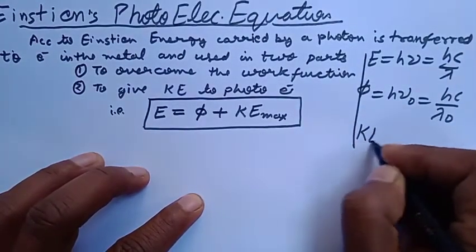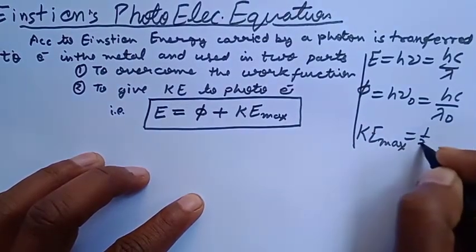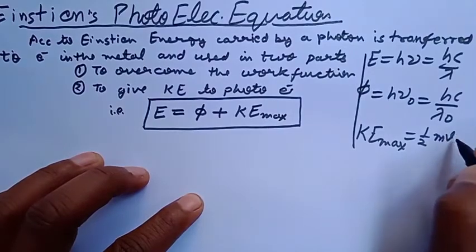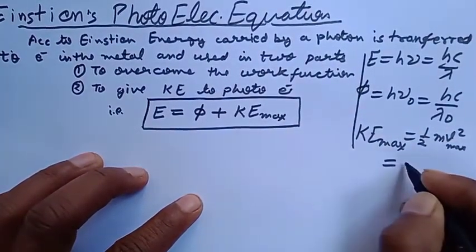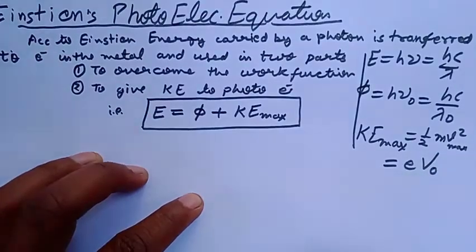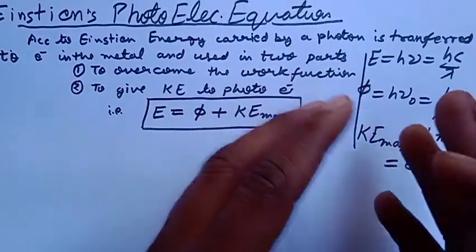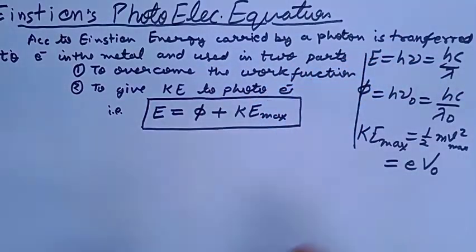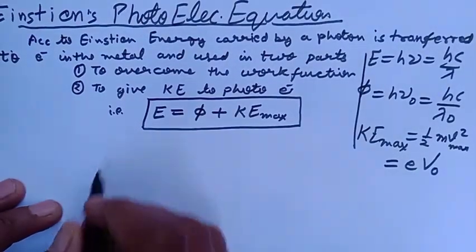In fact, kinetic energy maximum, traditional formula, half m v max square, and also eV naught.